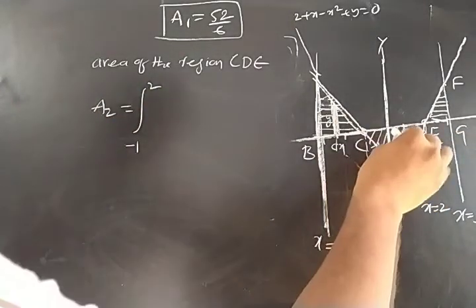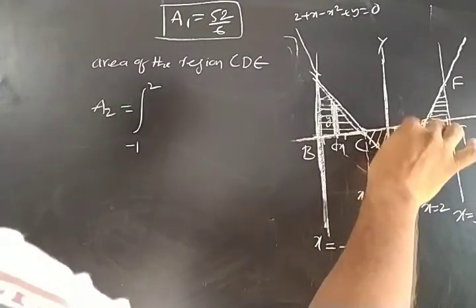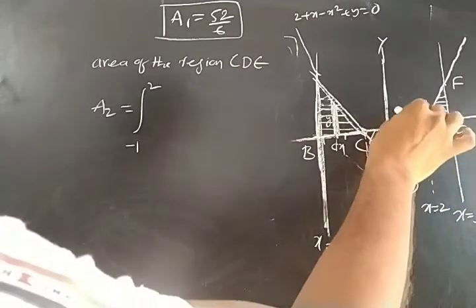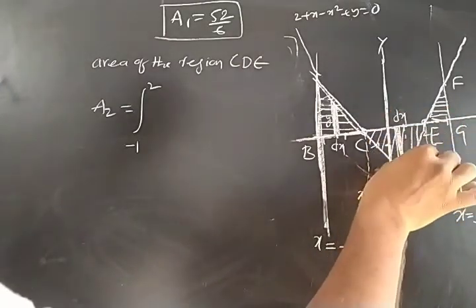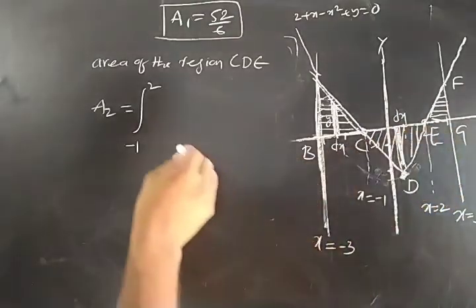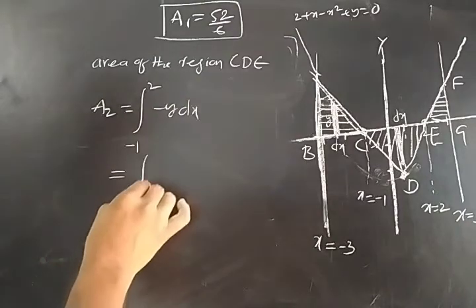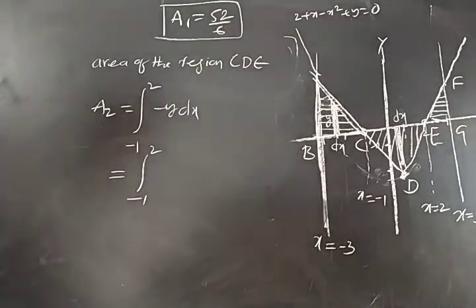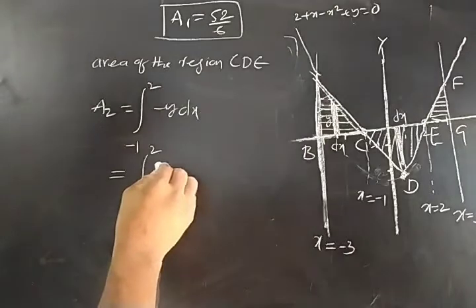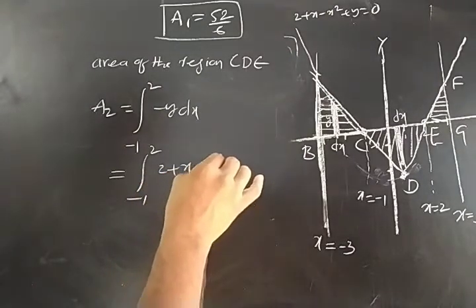So here also I am taking one vertical strip whose width is dx, and it is below the x-axis, so the height is -y. So -y dx from -1 to 2, where -y will be 2 plus x minus x square, dx.